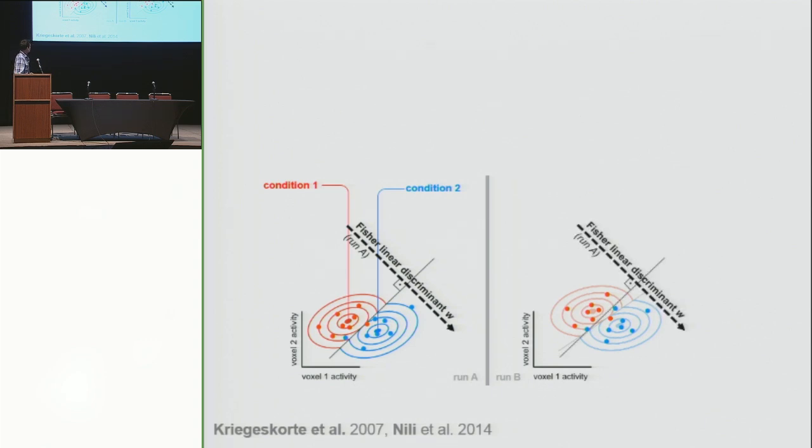Now we take the Fisher linear discriminant from run A and apply that to the run B data. Then we can drop the data points from run B onto the Fisher linear discriminant from run A. And now we're in a position to do inference and assess whether there's really a difference between these two conditions in the representation.